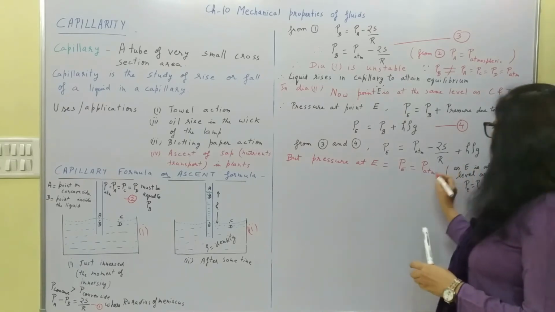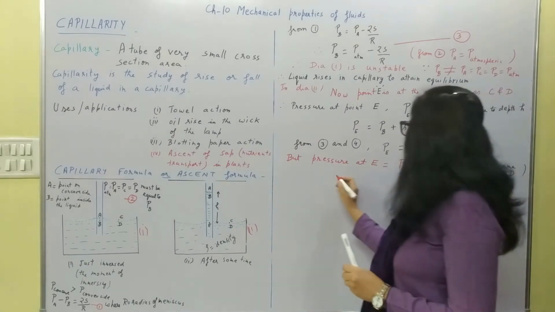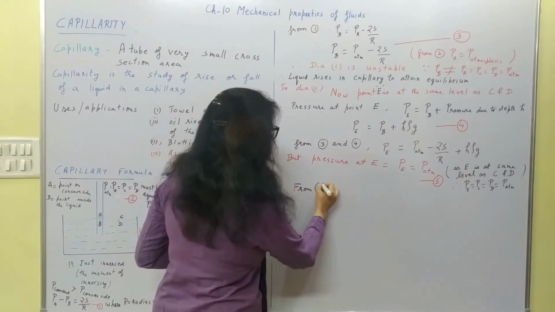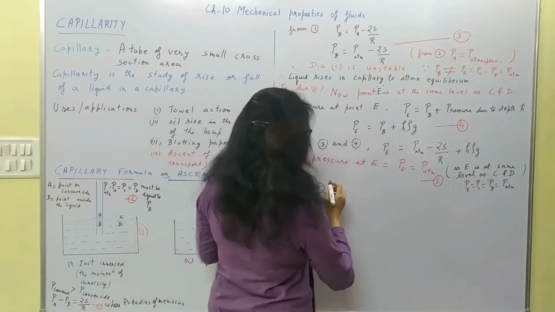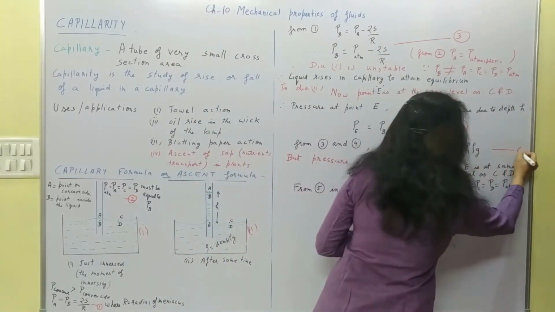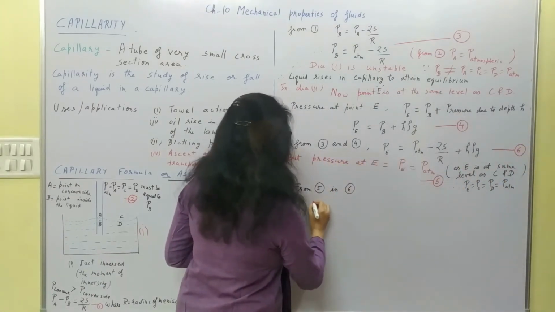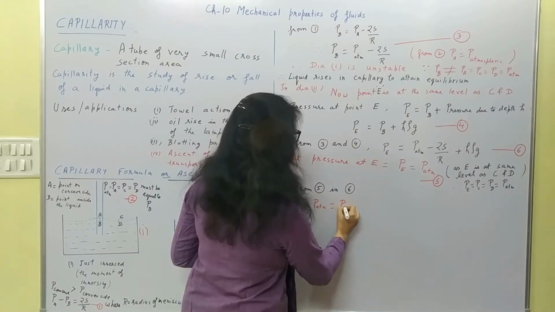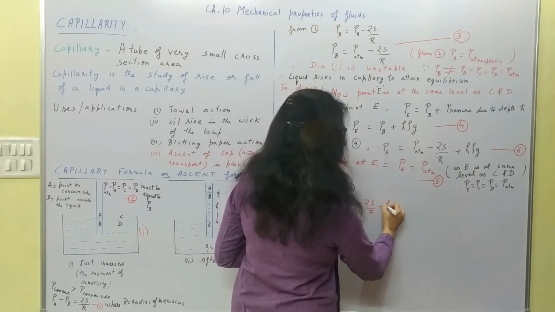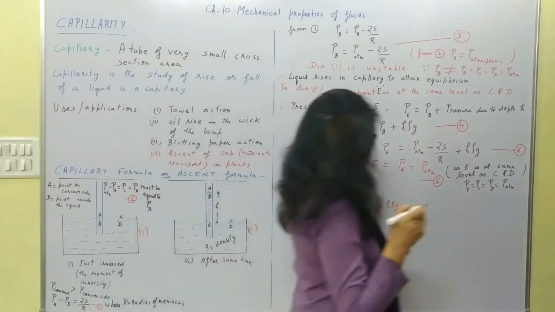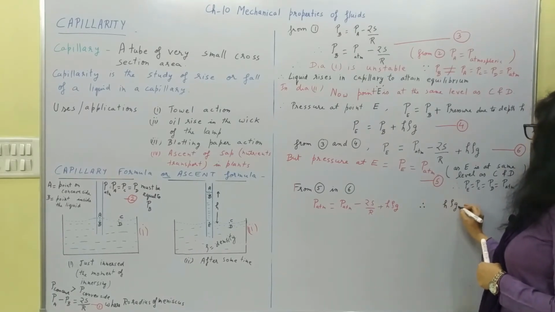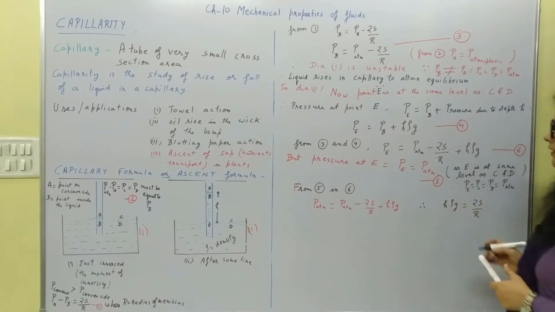So, if I mark this as equation 5, so from 5, in 6, if I am marking this as 6, so this will be P atmosphere is equal to P atmosphere minus 2S upon R plus H rho G. So this gives me H rho G is equal to 2S upon R, right?